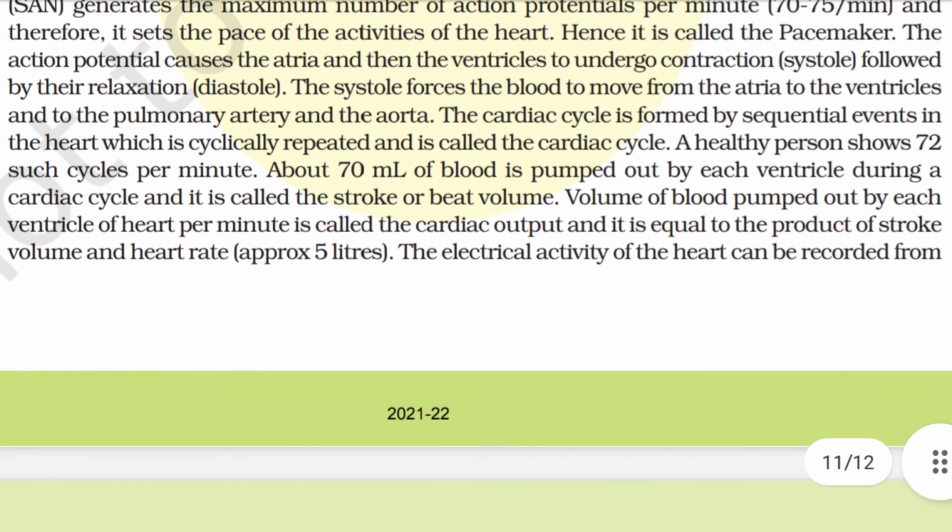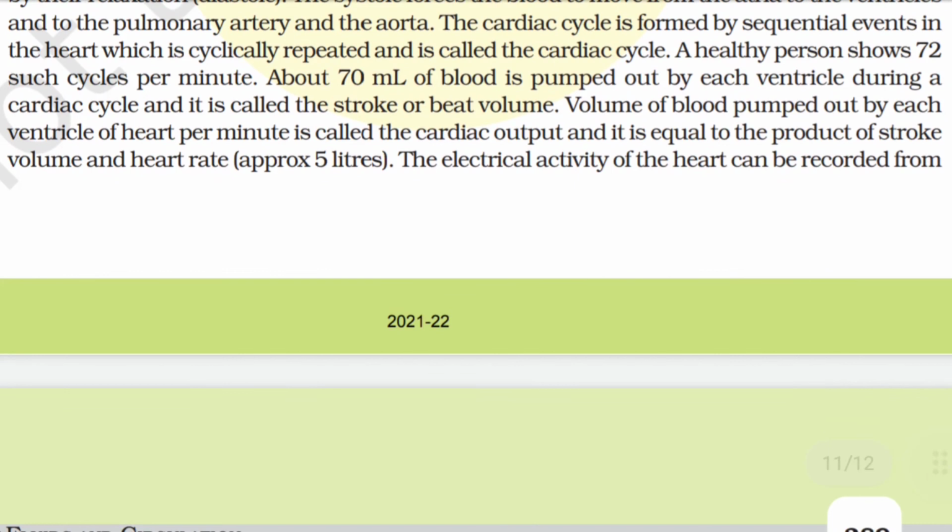The action potential causes the atria and the ventricles to undergo contraction, that is systole, followed by their relaxation, that is diastole. The systole forces the blood to move from the atria to the ventricles and to the pulmonary artery and the aorta. The sequential events in the heart which are cyclically repeated are called the cardiac cycle.